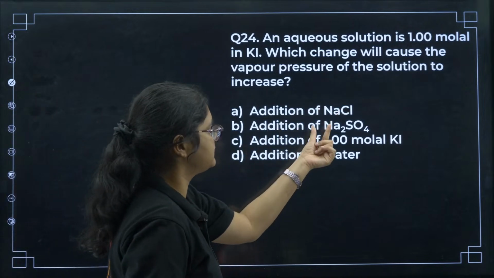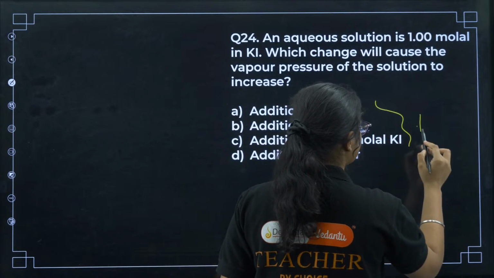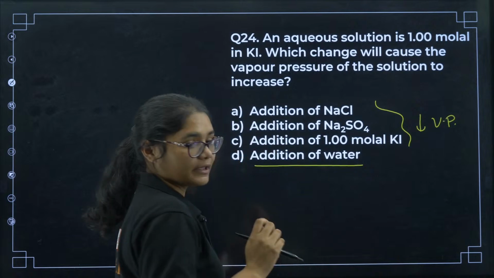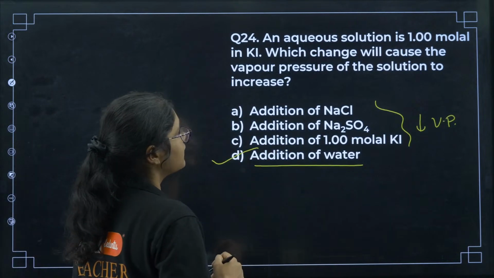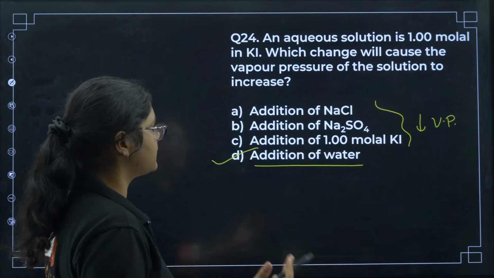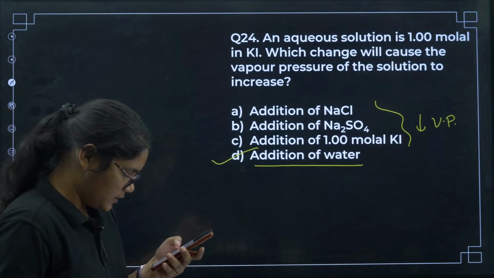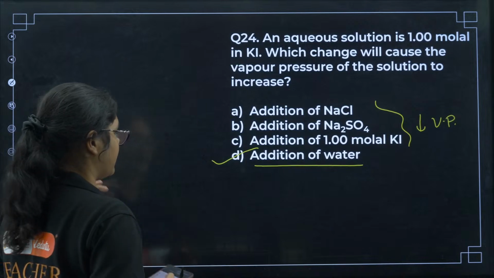So addition of NaCl, Na2SO4 or KI will decrease the vapor pressure further. Now addition of water will increase the vapor pressure, and that is your option D here. 24D is the correct answer.